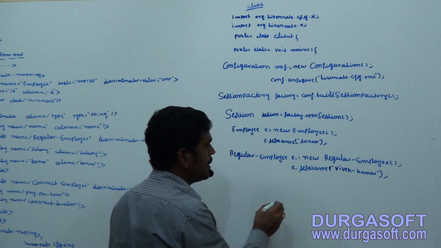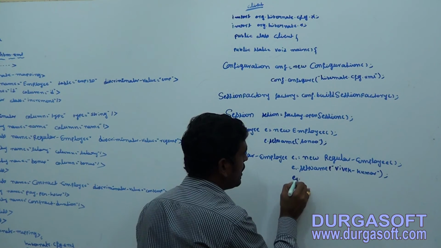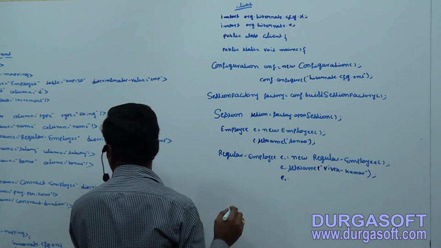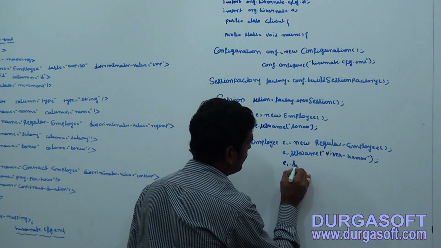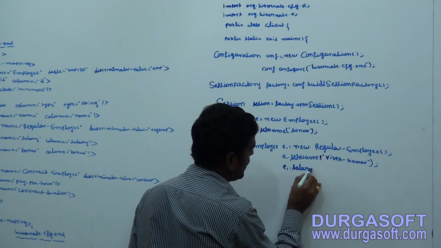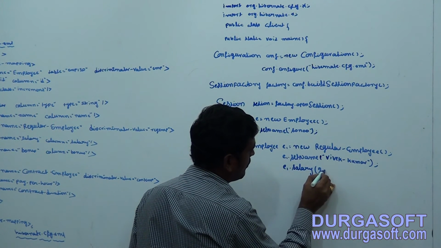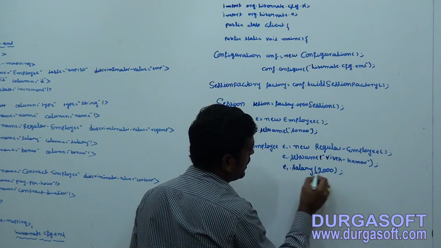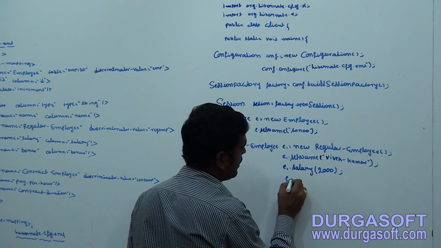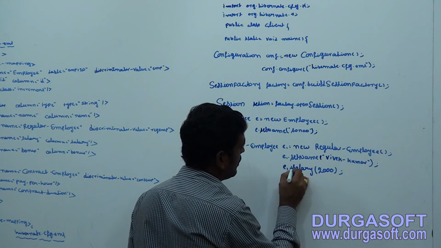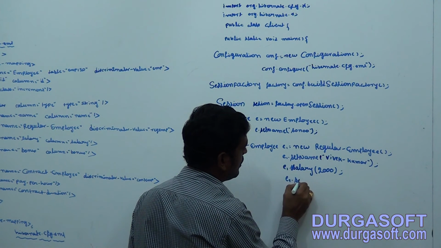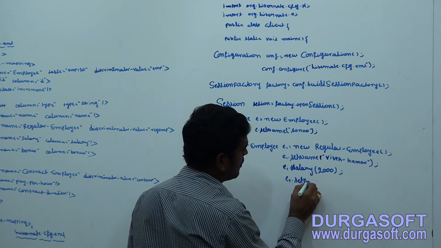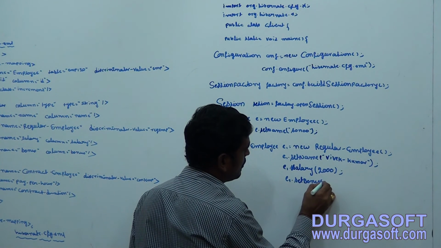The next, e1.setSalary. Something I am setting here, 2000. e1.setBonus, 200.